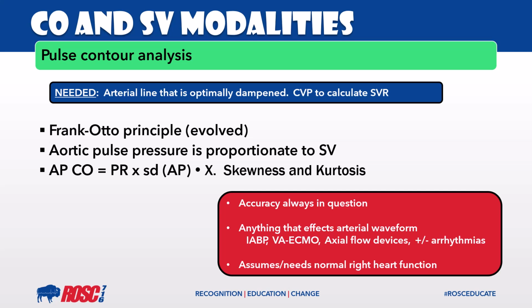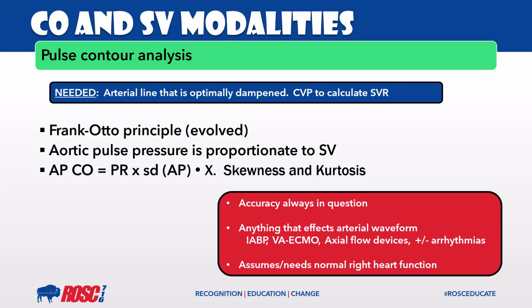The non-calibrated methods use a database and nomograms and proprietary algorithms to understand the cardiac output and the stroke volume. Important to point out with this technology, the majority of them are only validated in the OR operative setting. So there's continued concerns to understand if the accuracy is still reflected in patients that have a low SVR syndrome, such as distributive shock, i.e. septic shock. So with that said, accuracy is always in question.